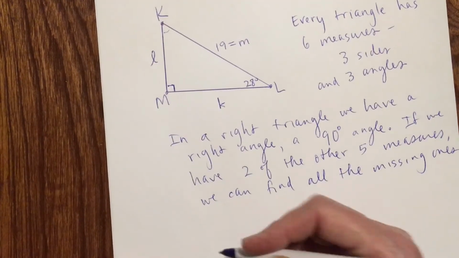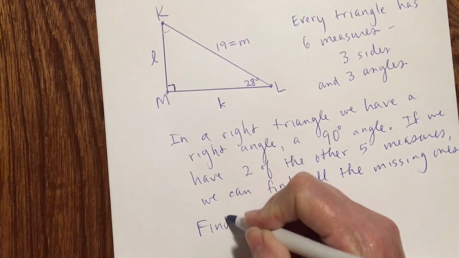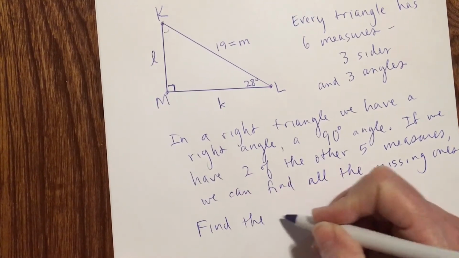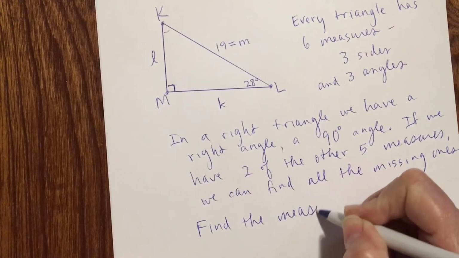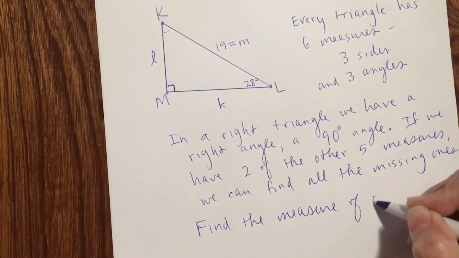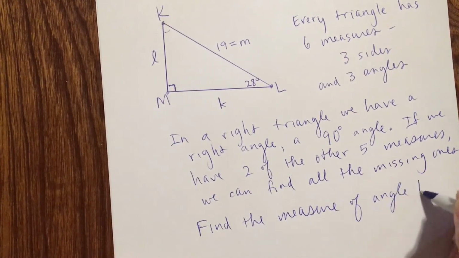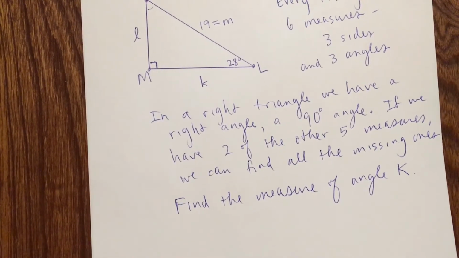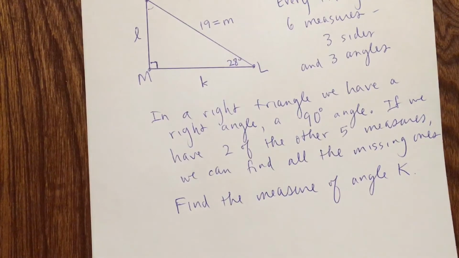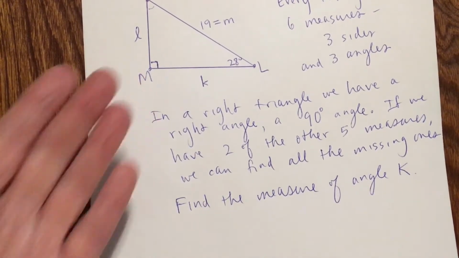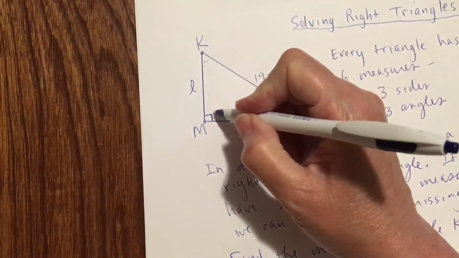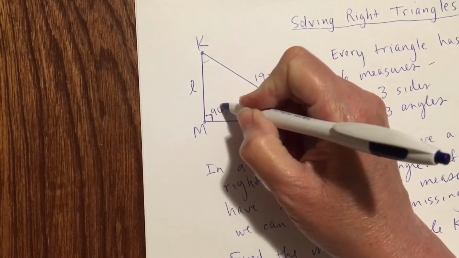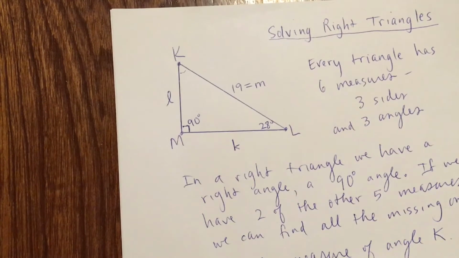I'm going to write, find the measure of angle K. The angles, when you add them all together, add to 180 degrees. So I just have to take the 2 that I know and subtract them from 180. They have the little square there, but I'm going to write 90 degrees next to that.